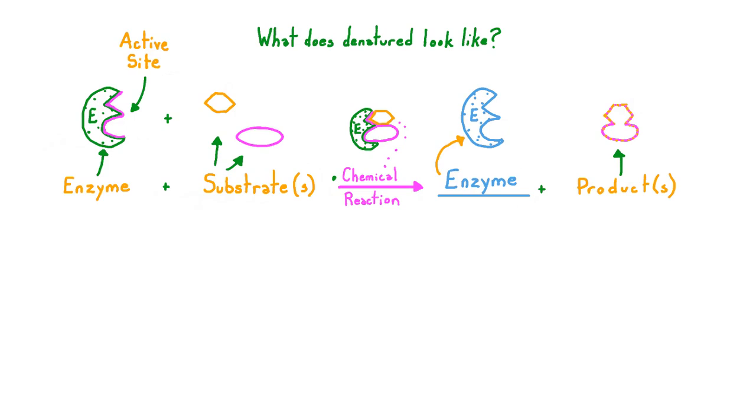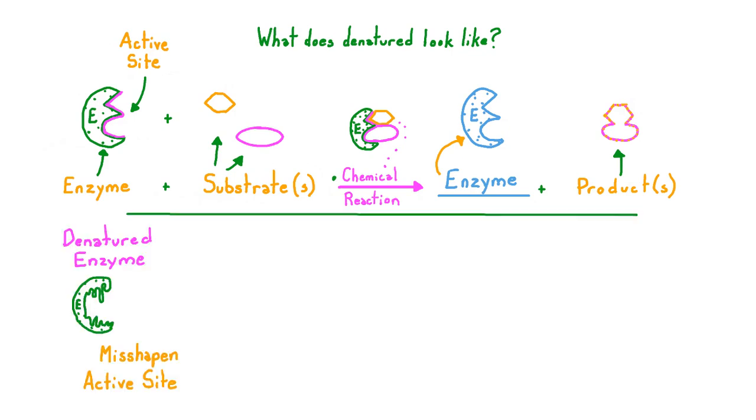Now let's see what happens, though, when the enzyme is denatured. Here's a cartoon diagram of a denatured enzyme, and the key change here is the misshapen active site. This can occur when environmental conditions are outside the enzyme's optimum range. For example, temperature being too high or pH being too low.